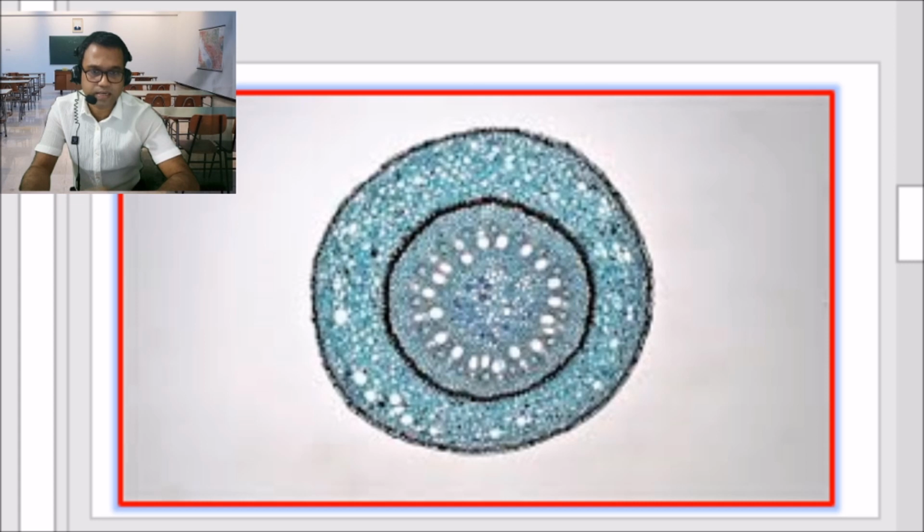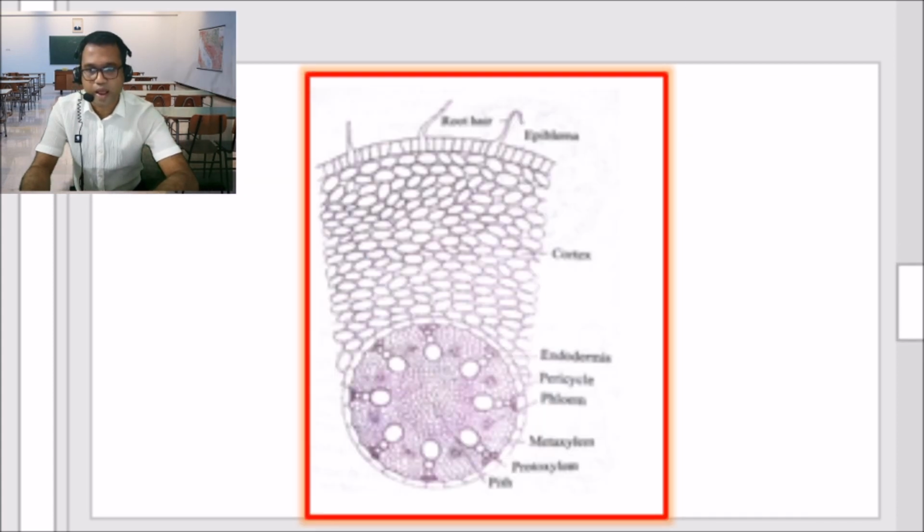Here we can see this one is the xylem, metaxylem, and the arrangement of metaxylem and protoxylem. The metaxylem and protoxylem are arranged radially in the stele, and this portion is known as cortex, and this outer portion is known as epiblema. And this is a picture of a transverse section of a monocot root.